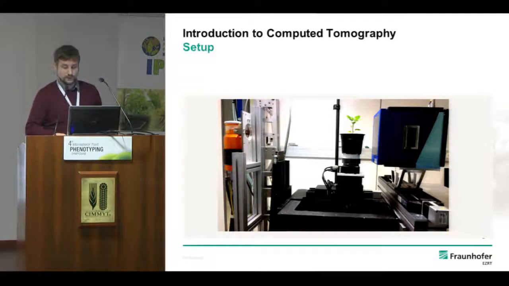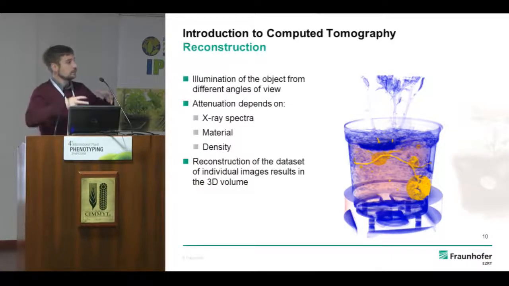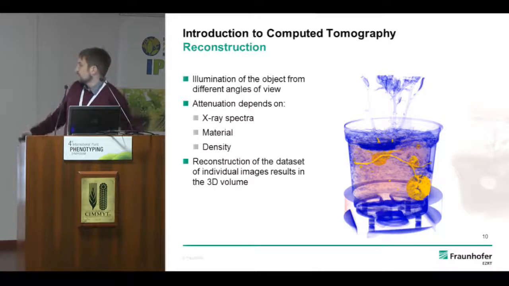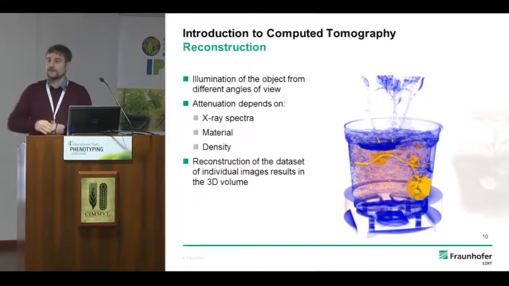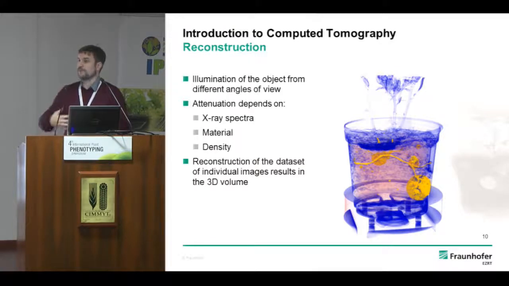So in 5 minutes we can get the complete 3D reconstruction of the pot and the attenuation of the X-ray. If the X-ray is penetrating your pot, it's attenuated, and the amount of the attenuation depends, of course, on the X-ray spectrum, the range of X-ray wavelengths you apply to the pot, the material in the pot, like the soil, the stones, the organic matter, and the density.